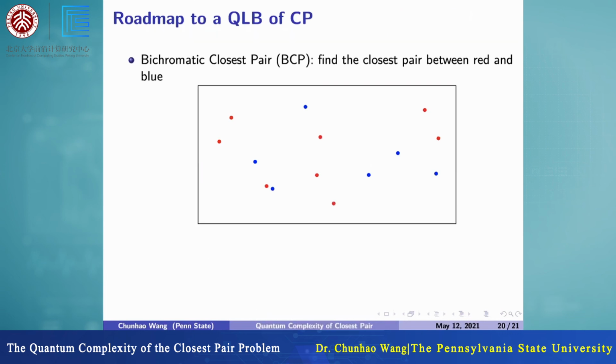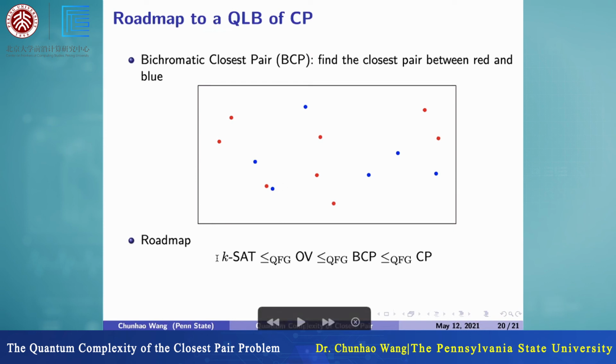This is the roadmap for the quantum lower bound for closest pair. We need to define bichromatic closest pair. It's exactly like closest pair, but we have two colors, and we need to find the closest pair between the two colors.